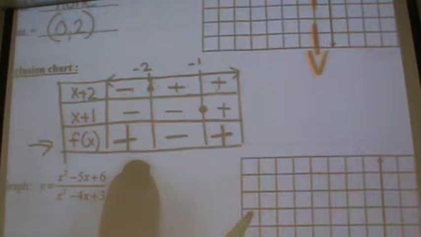So, reading this chart, it's telling you from negative infinity to negative 2, your graph needs to be positive. So, everybody look, I'm going to take this piece of paper here and focus. Here is negative infinity to negative 2. Where do you think, common sense, that I would draw my graph?